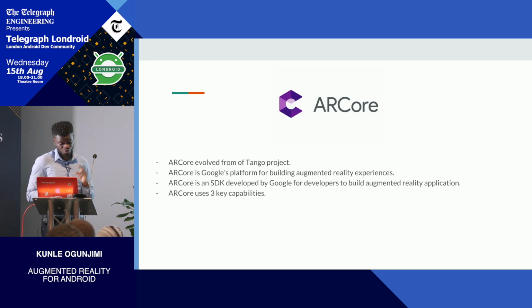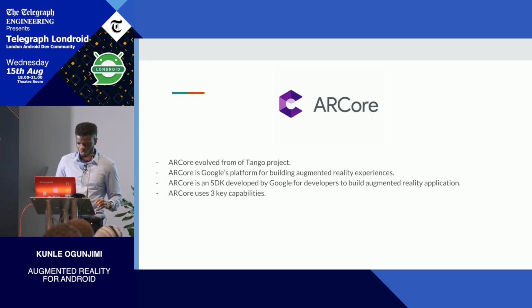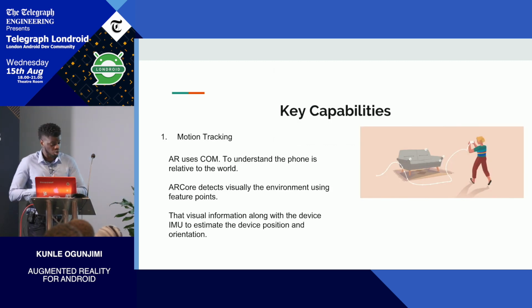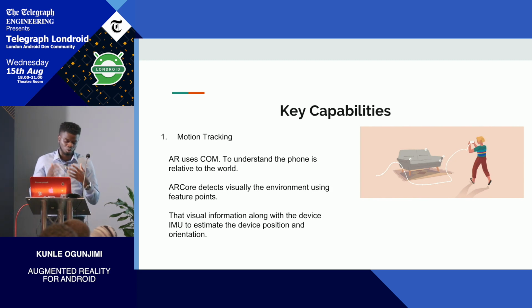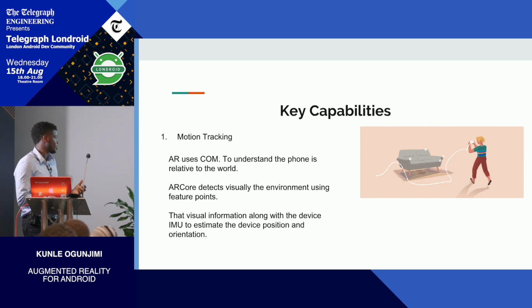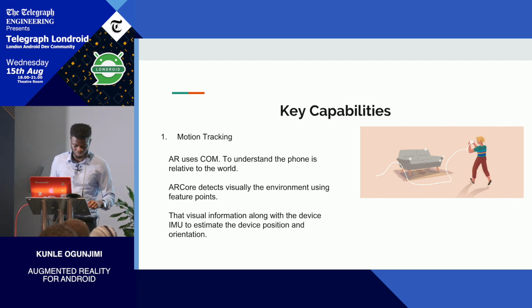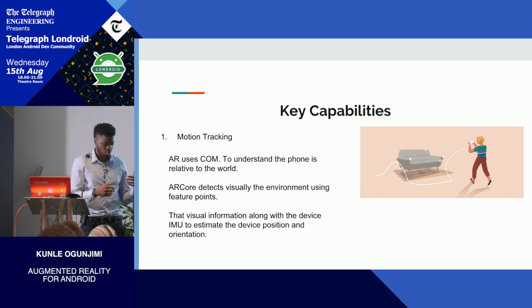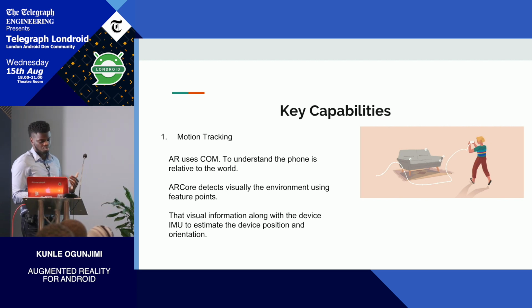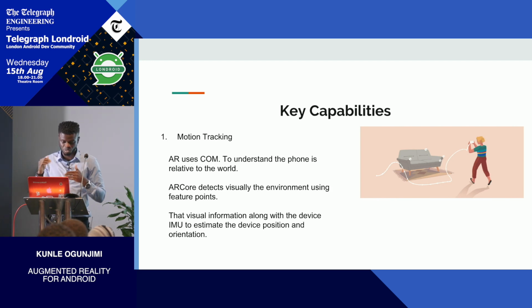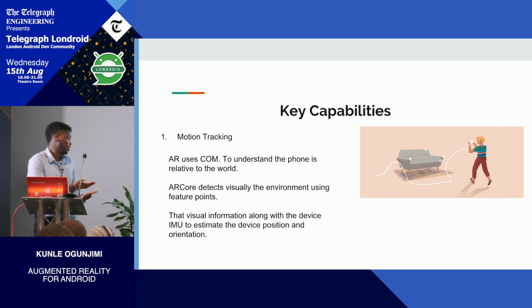It has three key capabilities that you should try and understand with ARCore. The first one is motion tracking. ARCore uses a process called COM, which is concurrent odometry and mapping, and essentially it uses that to understand the user's world around them, in a way that ARCore can positionally get some points, and then we can place our 3D object.